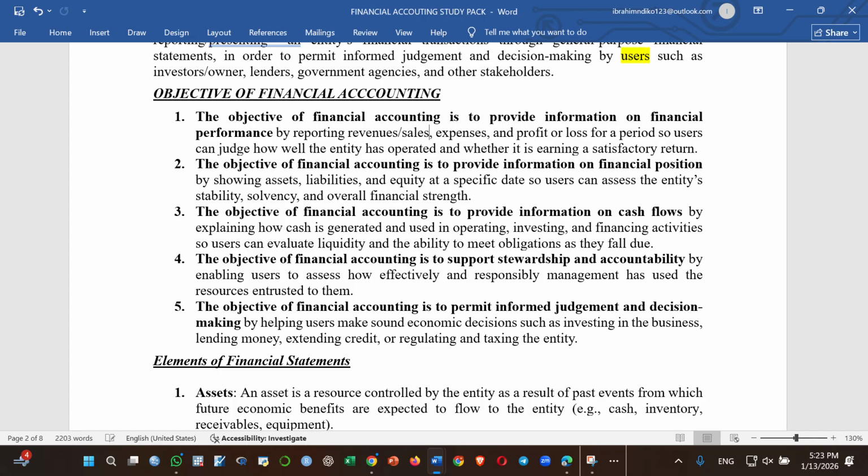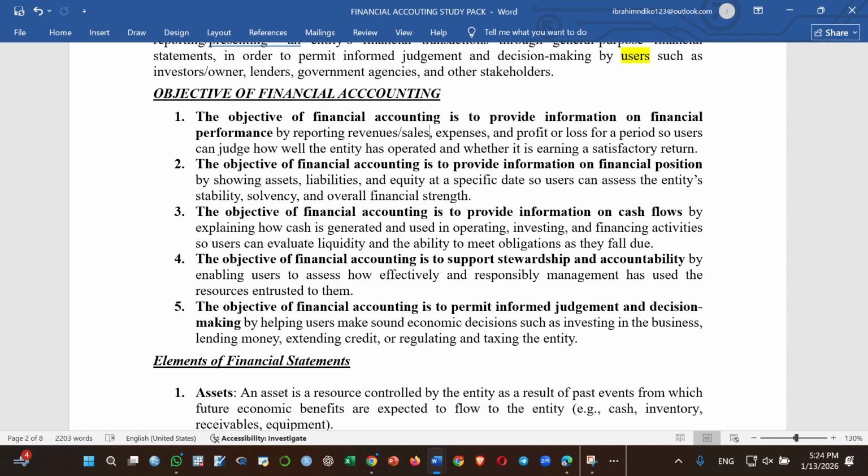So we can check: did our sales increase or decrease during the previous period? For example, if our revenue increased, then we can say that is a good financial performance. If our revenue did not increase, then we can say performance maybe was not good.